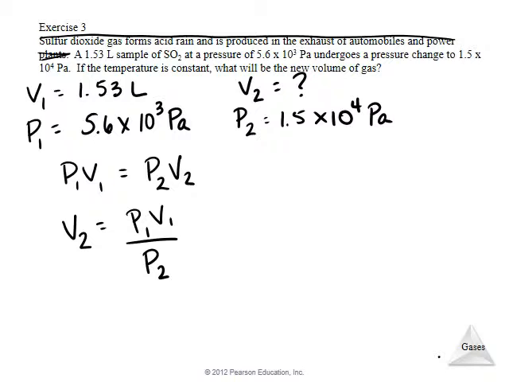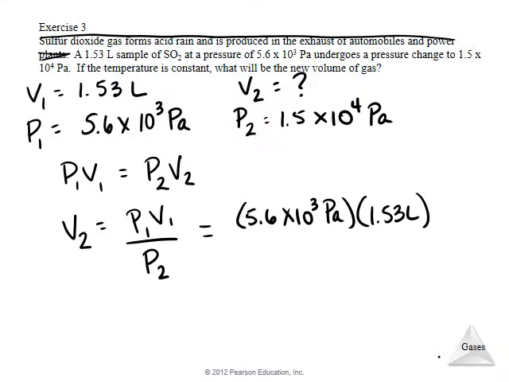So let's put the numbers in and see what happens. So P1 is 5.6 times 10 to the third pascals. And V1 is 1.53 liters. We're going to divide that by P2, which is 1.5 times 10 to the fourth pascals. And we should be able to get an answer. Now, here's the question.